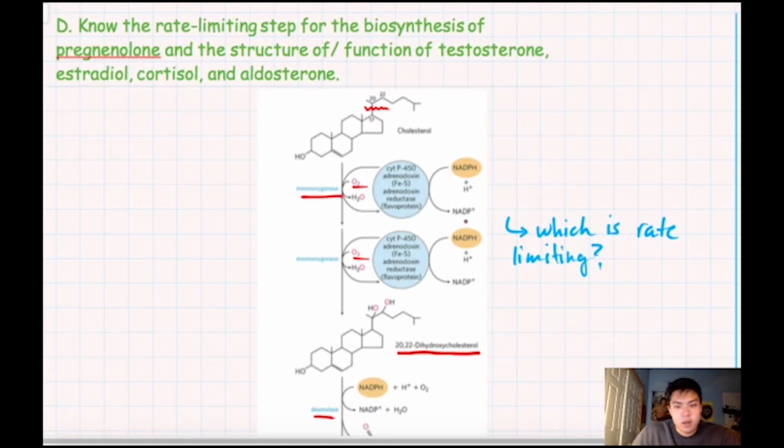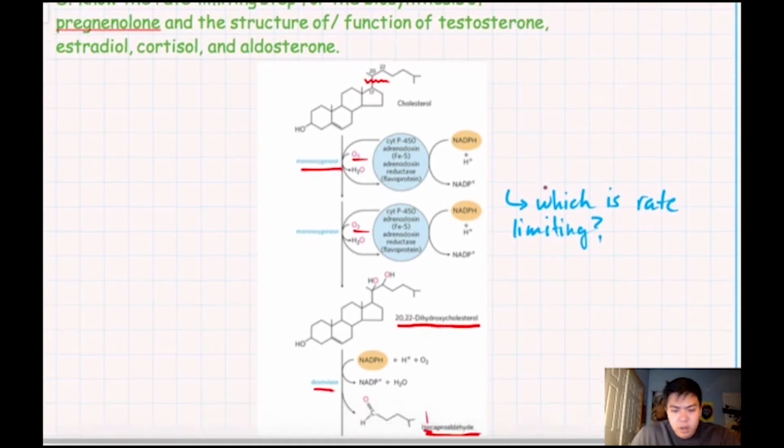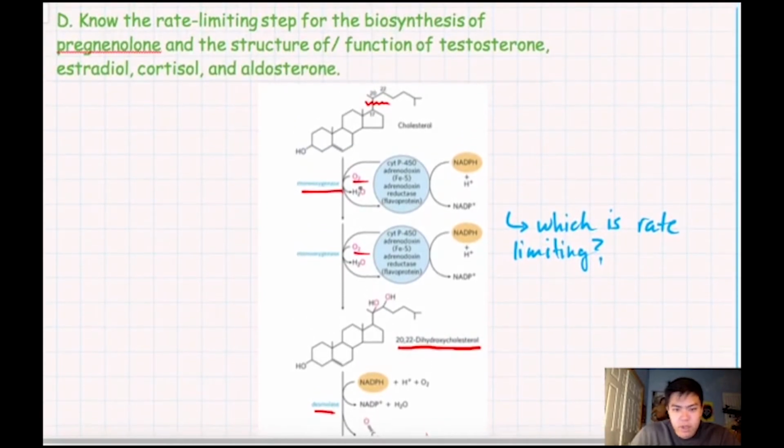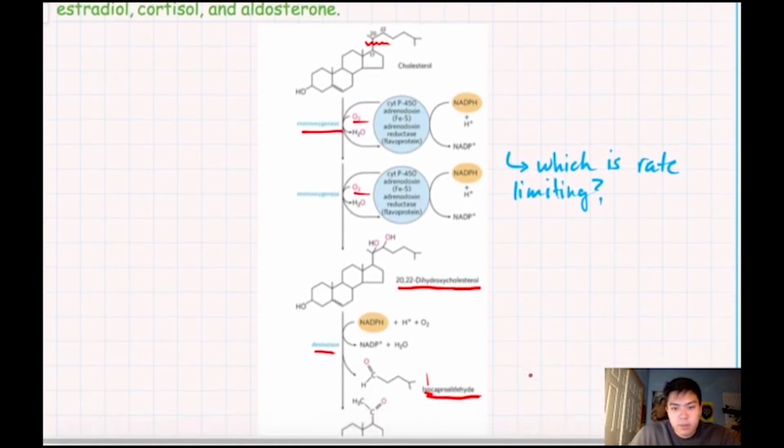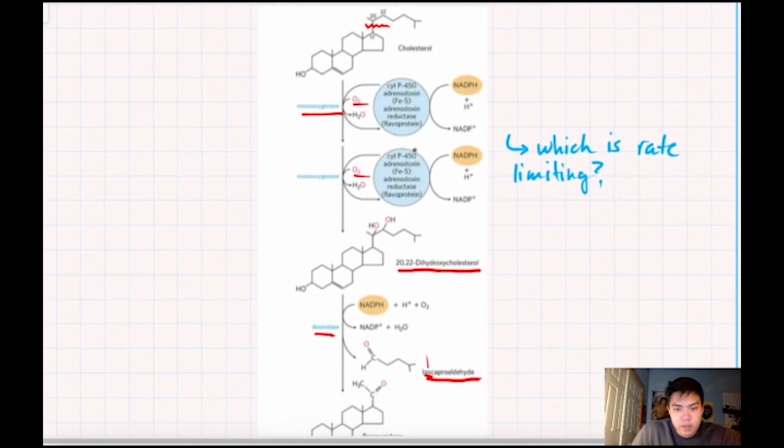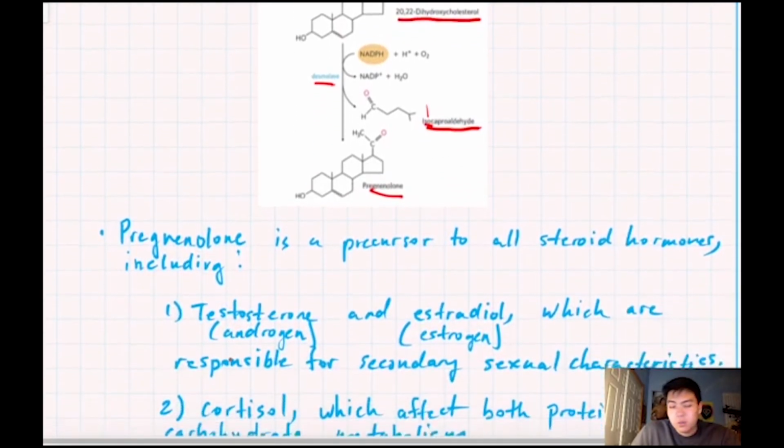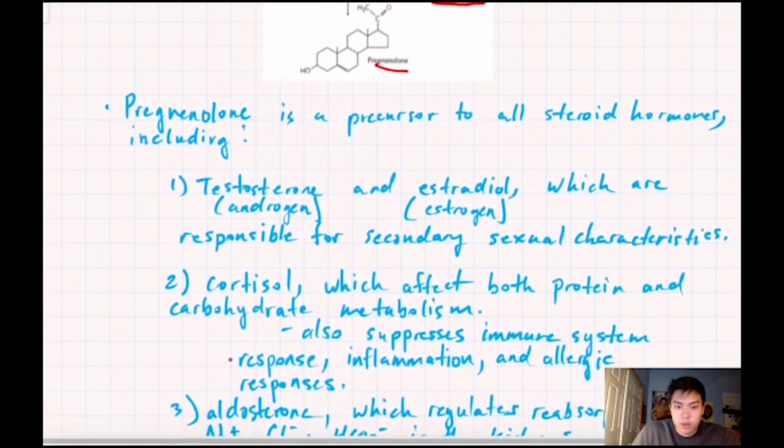The textbook did not clarify or say anything about which one of these were rate-limiting. If I had to guess, however, it would be this first step, I think. Mostly because this is a flavoprotein, and the book talked about how it was a pretty big complex, so I don't know. My guess is this step, but it didn't clarify, so we'll have to wait till lecture for that one.